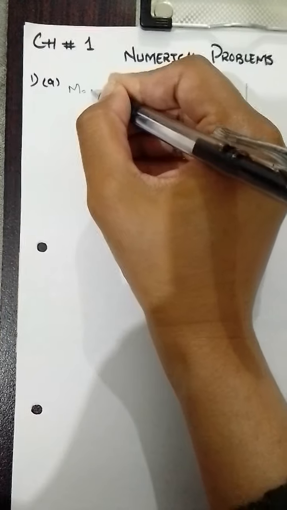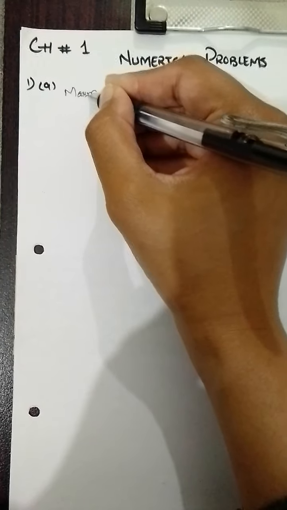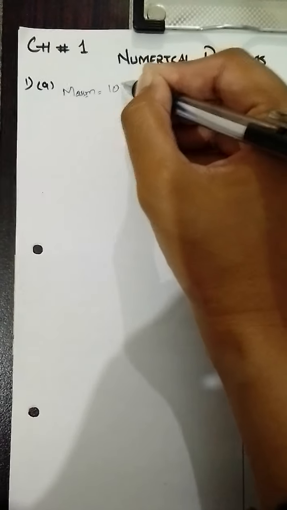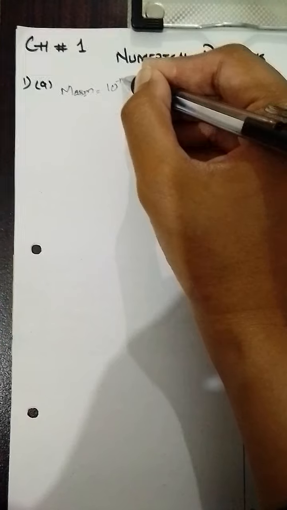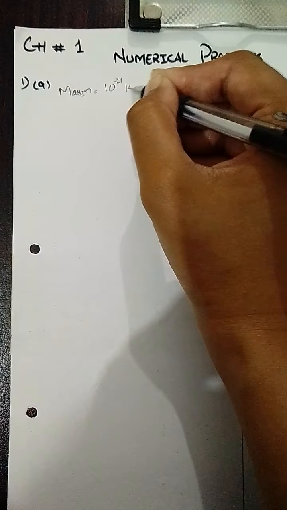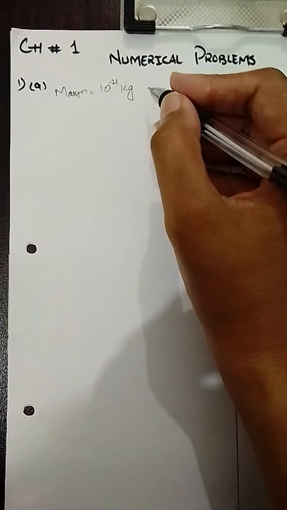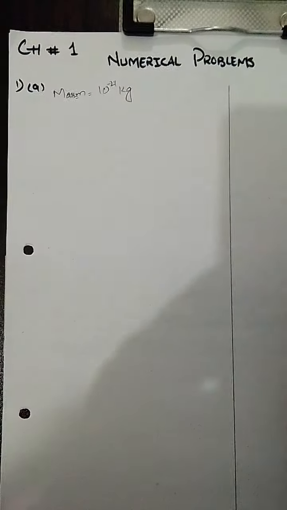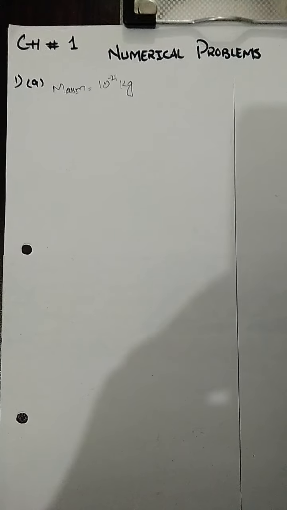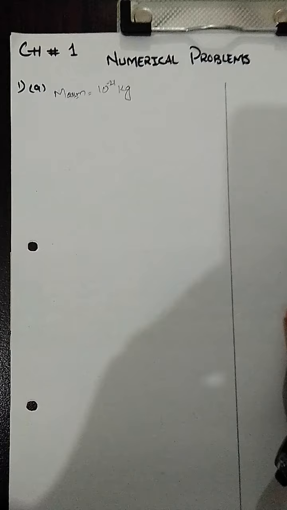So the first thing is mass, m equals 10 raised to the power minus 21 kg, and we have to write it down in the form of prefix to the power of 10.